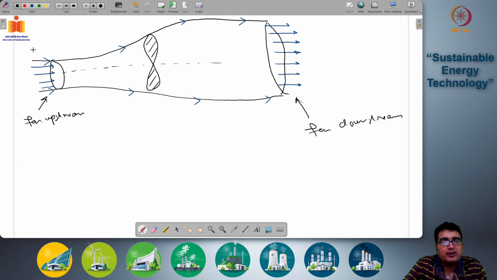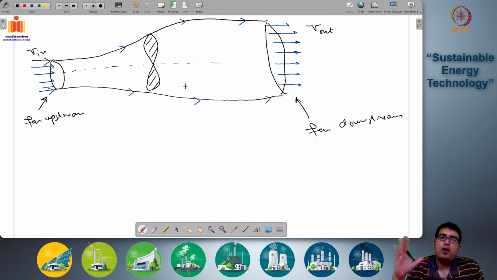So you have a certain velocity V in, which is constant as the wind is entering this section. Then the velocity slowly is changing, and eventually it again reaches a constant far downstream, and you get a uniform exit velocity V out.